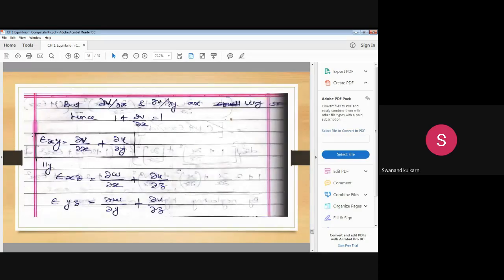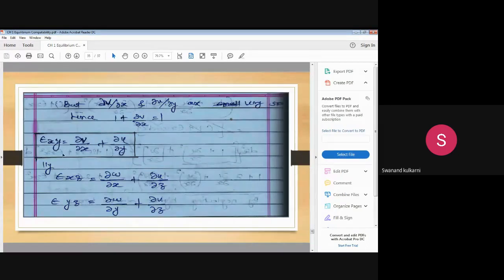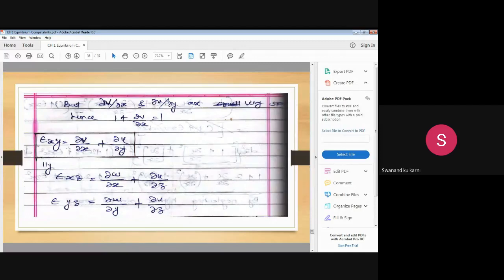Is it okay? So here epsilon xy will be considered to be ∂v/∂x plus ∂u/∂y. Is it okay? So now we will get all these components here.